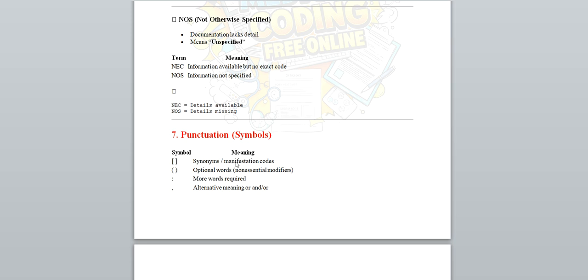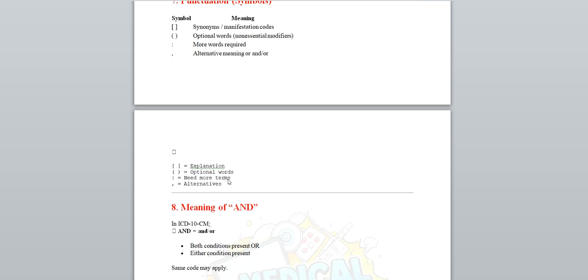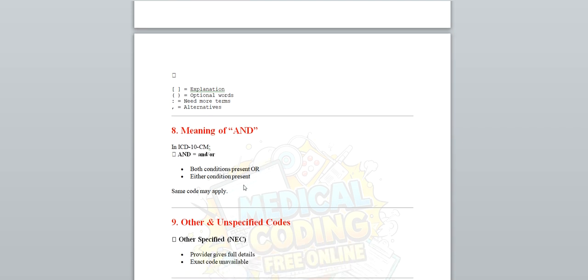Next, punctuation. In these punctuation symbols, there are manifestation code brackets, optional, non-existent code, comma, and colon. Meaning of 'and': 'and' means both conditions are present, or either condition is specified.